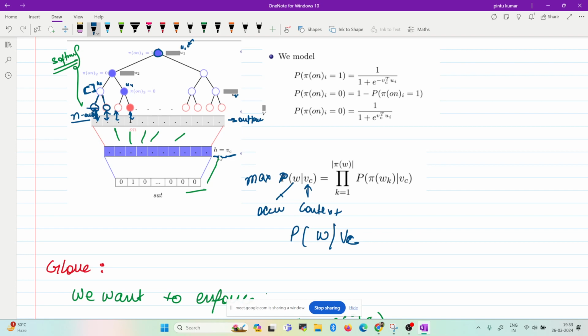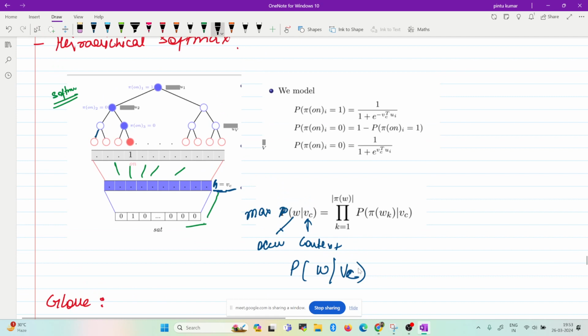So if you are given some hidden representation, we want to maximize the probability of correct words. Okay, now how is this probability modeled? That is in our hand, and I'll tell you how it is modeled over here.